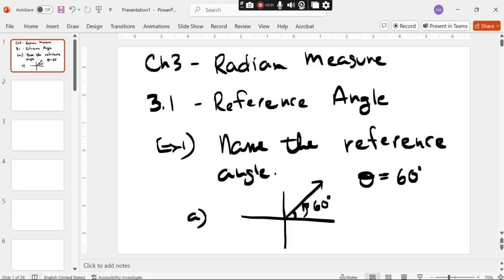If you just measure from the x-axis to the angle itself, how many degrees? 60 as well. But we do have a little difference of naming here. This little guy is called theta hat because it kind of looks like a cool little hat. In quadrant 1, the angle measurement is exactly the same as the reference angle. Are we good there? Super fast?